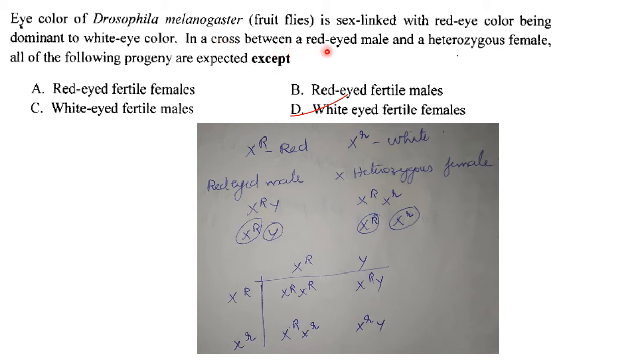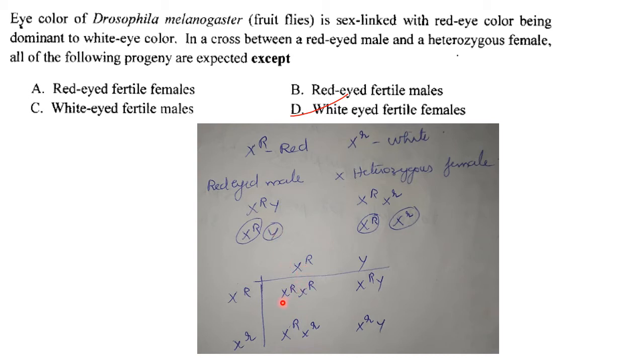So a cross is made between red-eyed male, X R and Y, so that is red eye, and X small r is white eye. And a heterozygous female, X R, X small r. These are the crosses that you will get from these gametes.